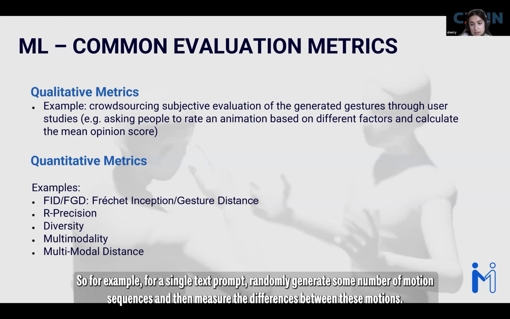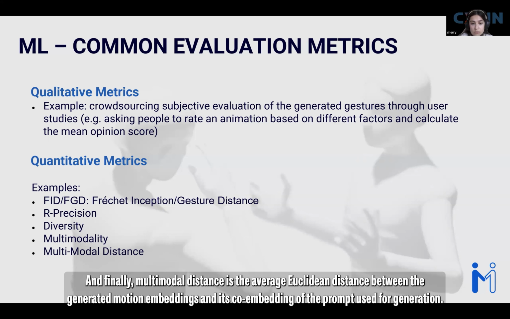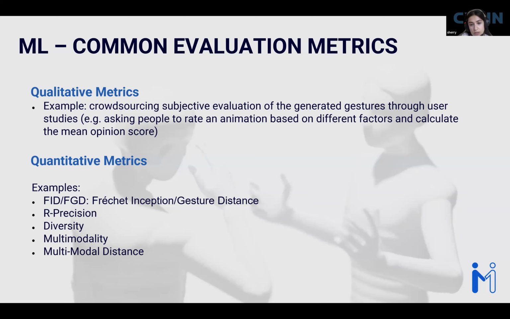So for example, for a single text prompt, randomly generate some number of motion sequences and then measure the differences between these motions. And finally, multimodal distance is the average Euclidean distance between the generated motion embeddings and the co-embedding of the prompt used for generation.